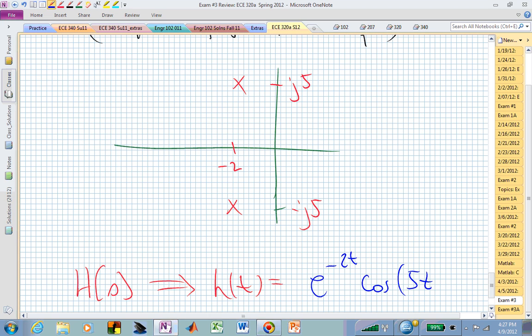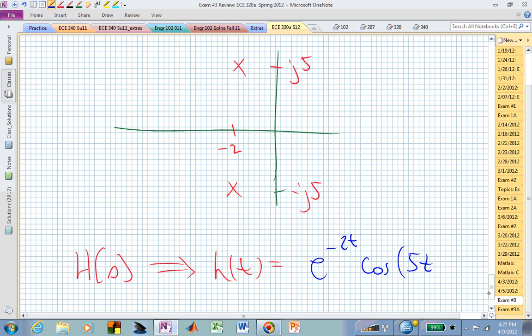Your real part is the decay, and your imaginary part is how fast it moves up and down, or the damped frequency. And whether or not you include A, I don't know what A is unless you give me more information, and I don't know the angle, but that's now the structure of your response.